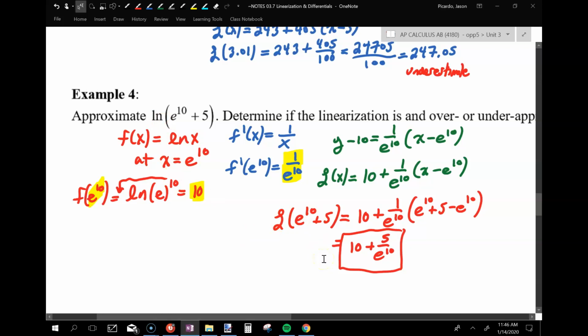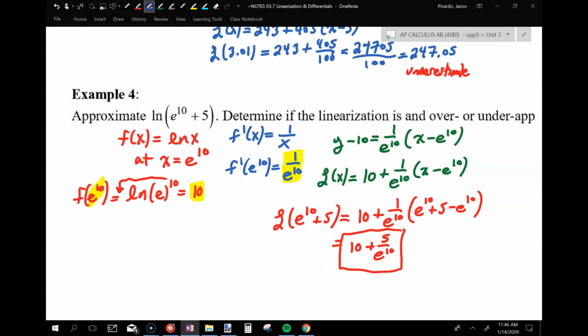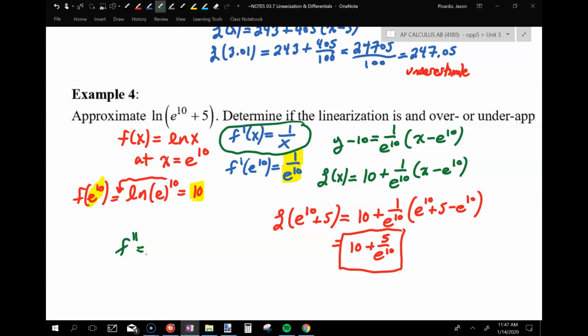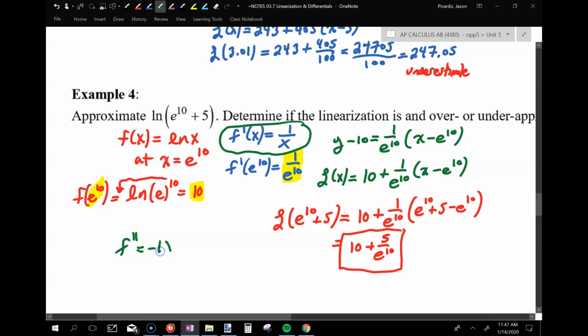Before we determine pretty darn close, let's figure out if it's an over or an under. To figure that out, I've got to determine concavity at the point, right? So I need my derivative of this now, my second derivative. What's the derivative of 1 over x? Well, 1 over x is x to the negative 1, right?